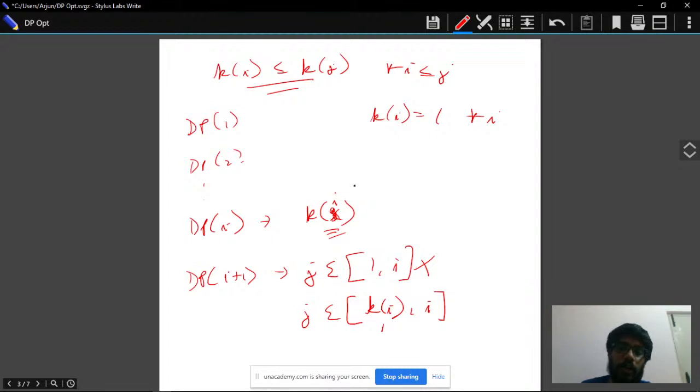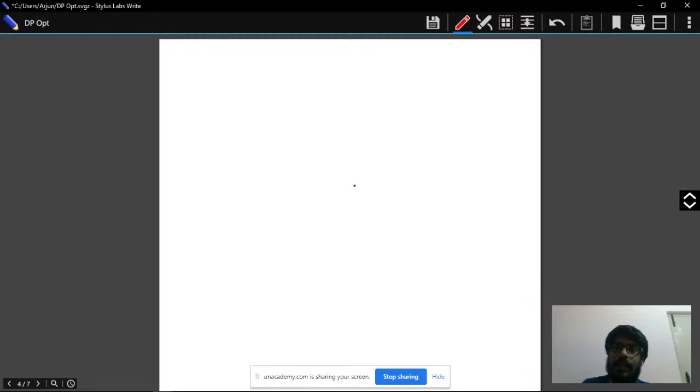But now instead we're going to ask a reverse question and say, given an index x, for what all indices i can x be k of i? It's kind of a convoluted question, I think.